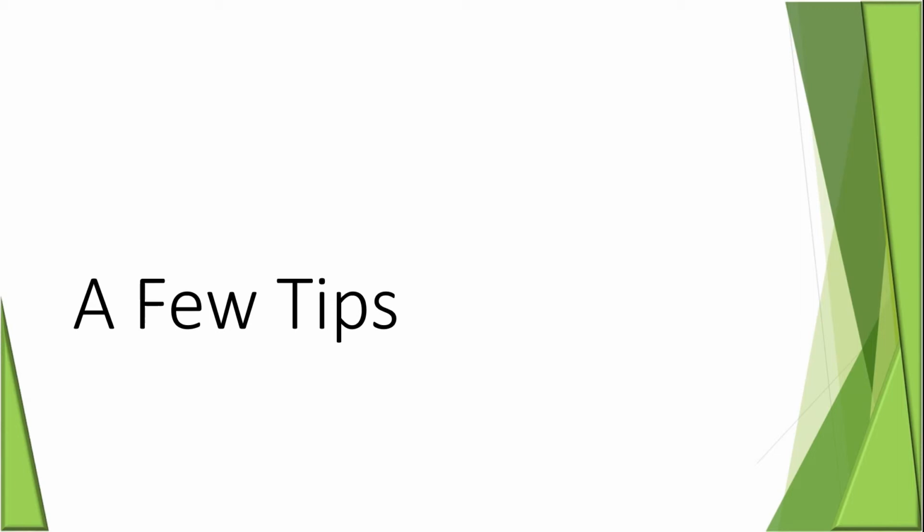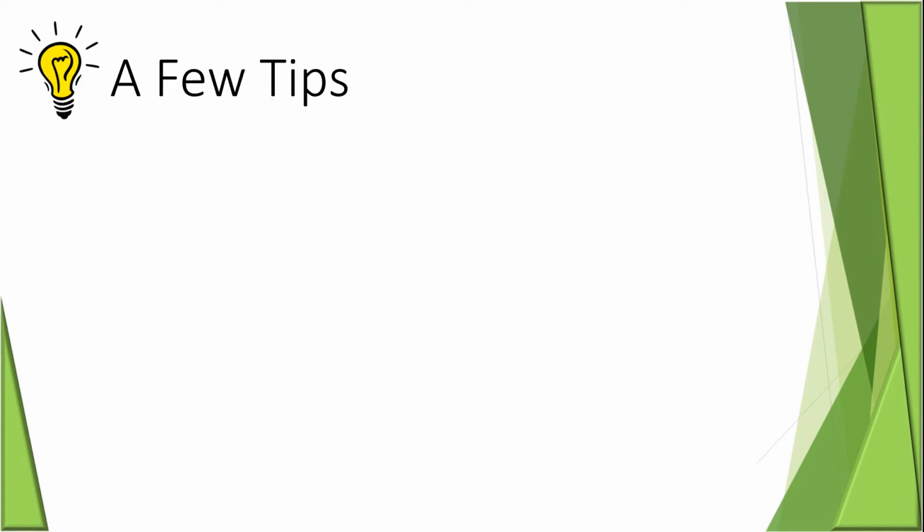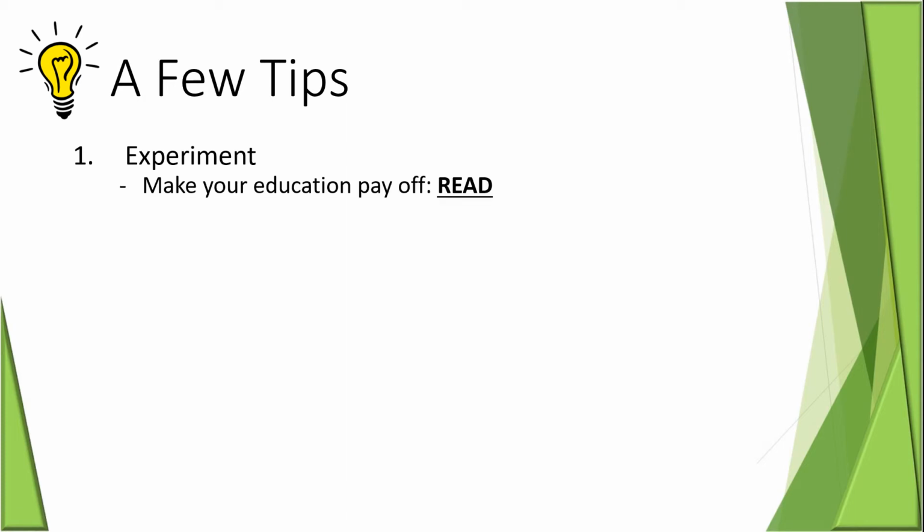As we conclude our video, here are a few tips on how you can use technology correctly. Number one, I suggest that you go experiment. It's somewhat a short suggestion from me that you should make your education pay off.